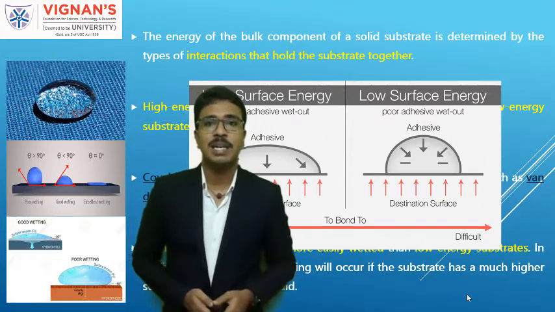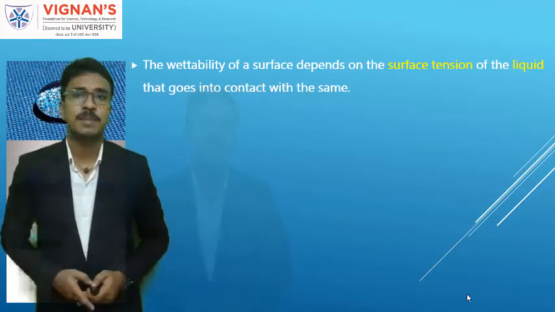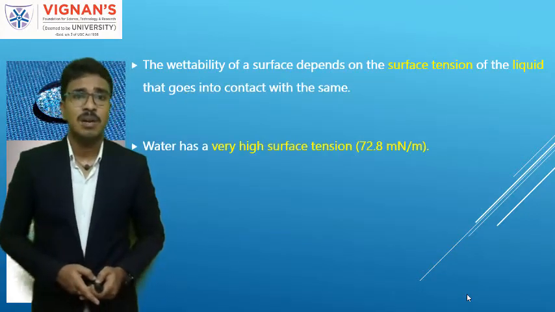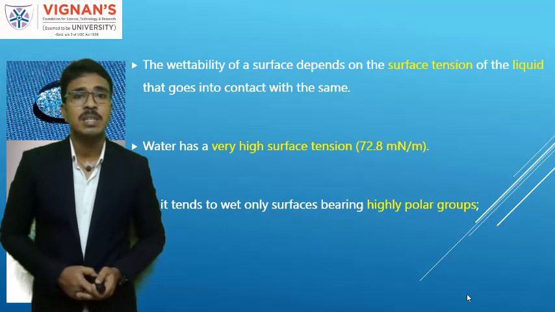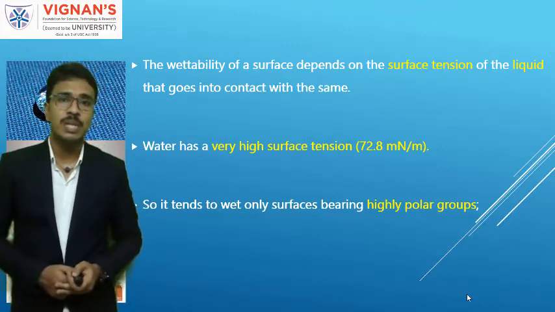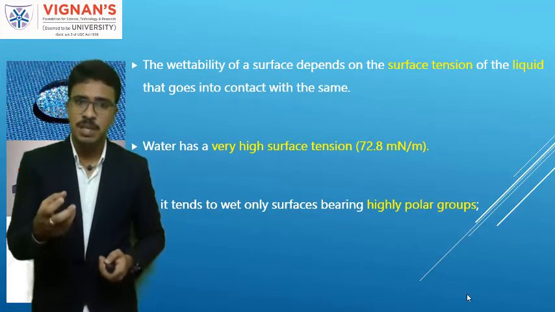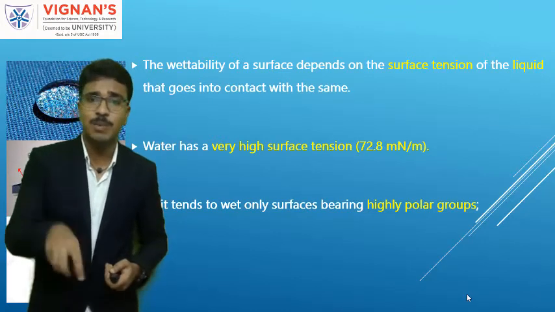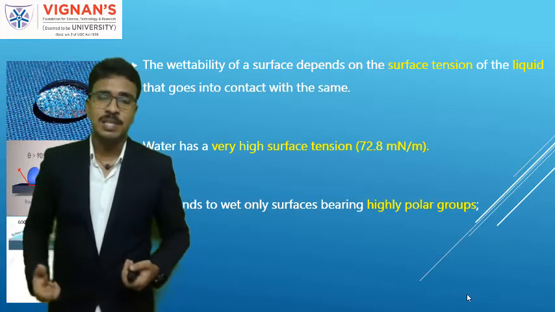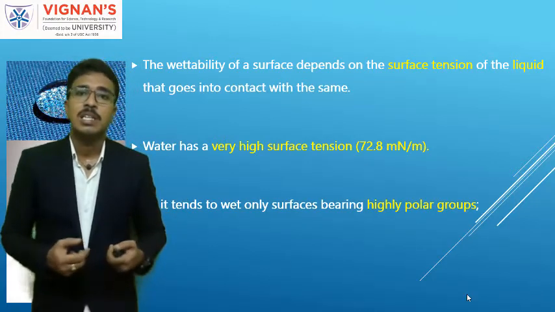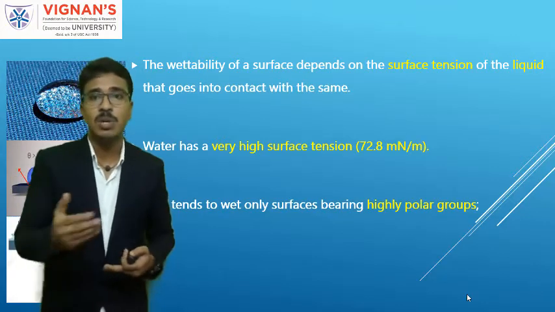So by understanding this image, if you look at water, as I told you already, it has high surface tension. If the water particles have to wet any solid surface, obviously the solid surface should have higher surface energy than the water.